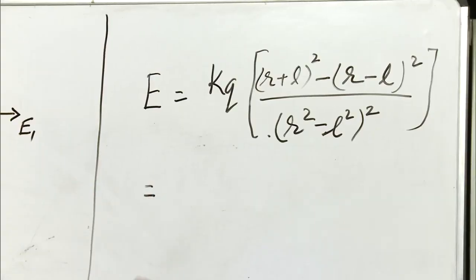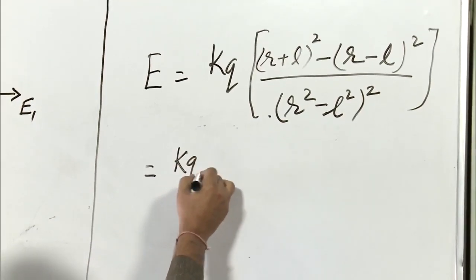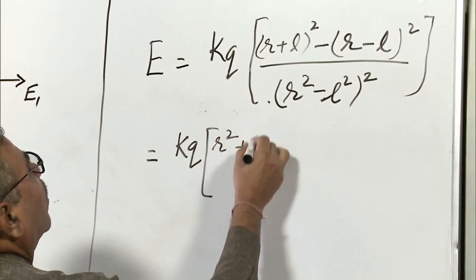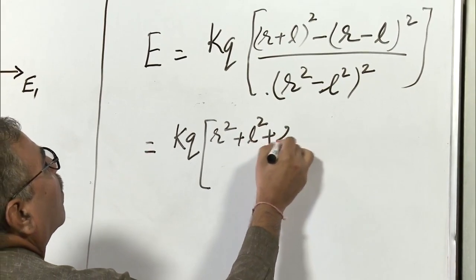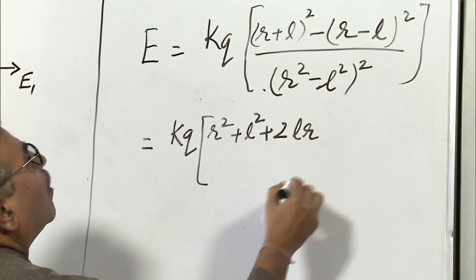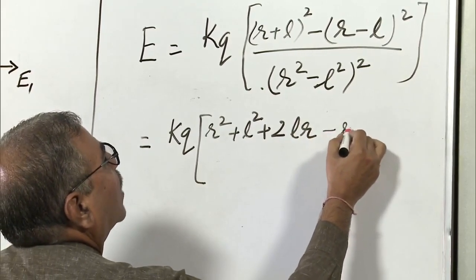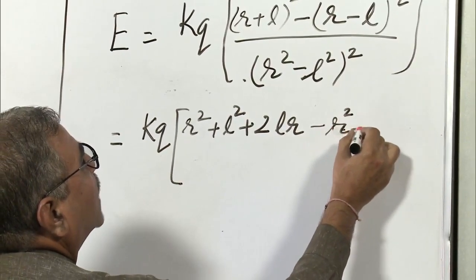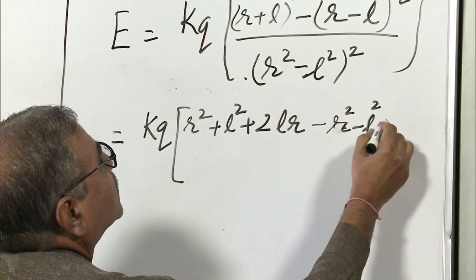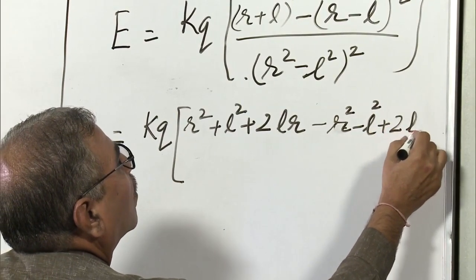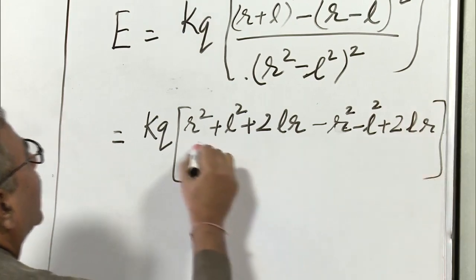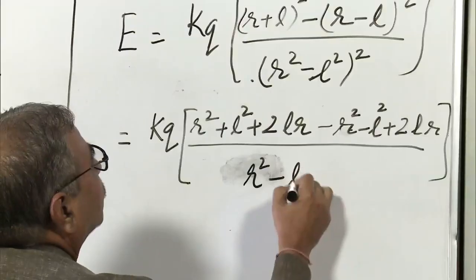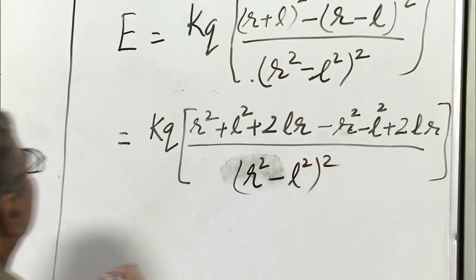It will be KQ [R square plus L square plus 2LR minus R square minus L square plus 2LR] divided by R square minus L square whole square.